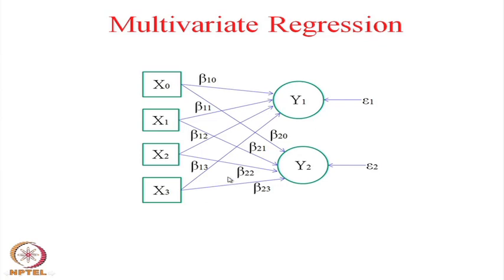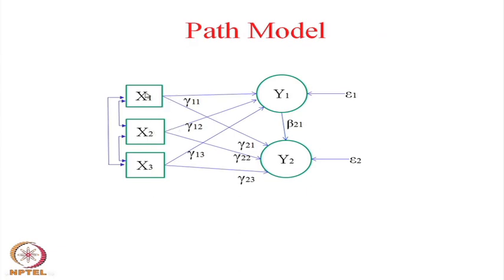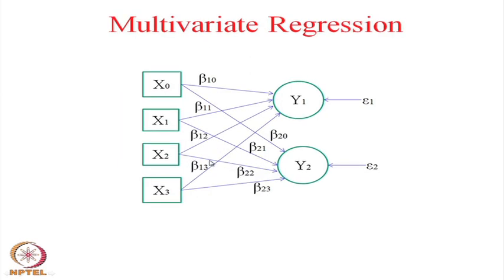Ultimately, in order to incorporate the covariance relationship between the x variables, you create something like this, where x1, x2, x3 are the independent variables and y1, y2 the dependent variables. The difference of this structure from the multivariate regression structure is that in multivariate regression you are assuming that x1, x2, x3 are truly independent, not correlated, and there is no causal relationship between y1 and y2.